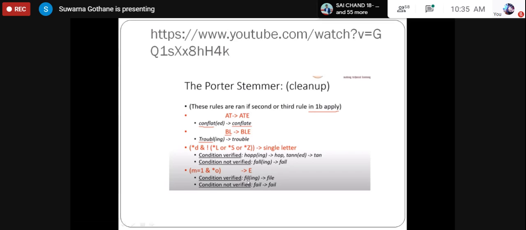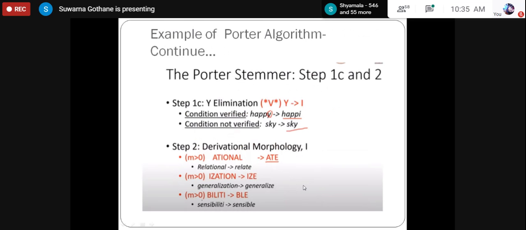I is the vowel and C is the consonant, then we can remove this extra ing, and we have to take this E. So file. In some cases the condition fails, so for the word fell, we can't add the E at the end. So these are some of the rules.